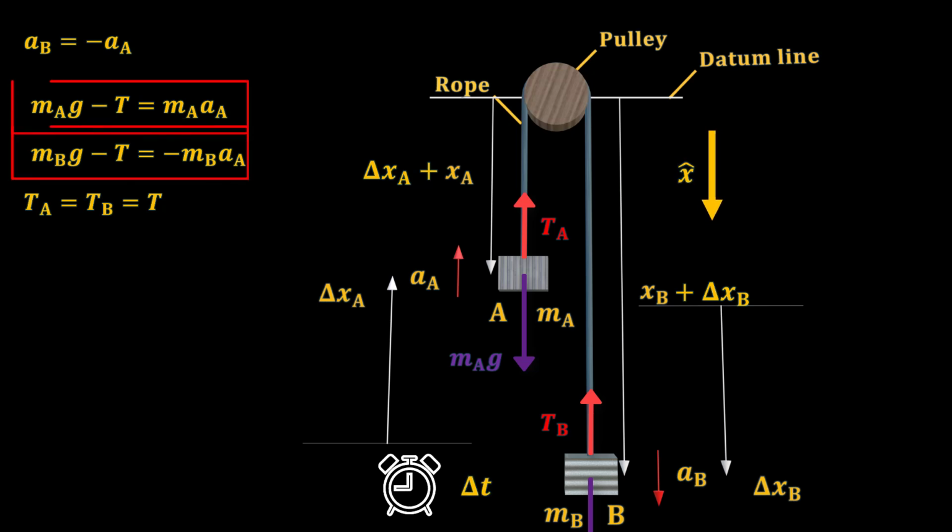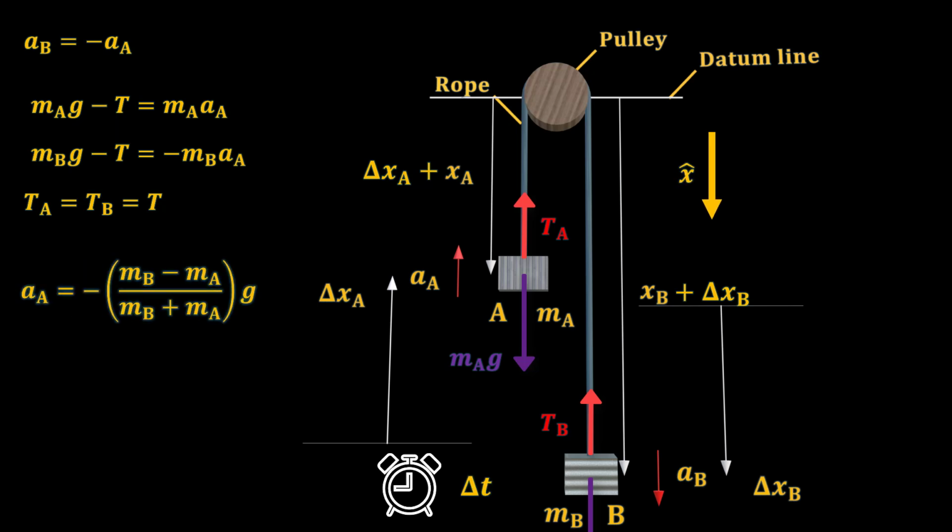If we subtract the two equations, we can write AA equals minus (MB minus MA) over (MB plus MA) times G. Since MB is greater than MA, AA is negative. And this is consistent because AA being negative means that the acceleration of object A is upwards.